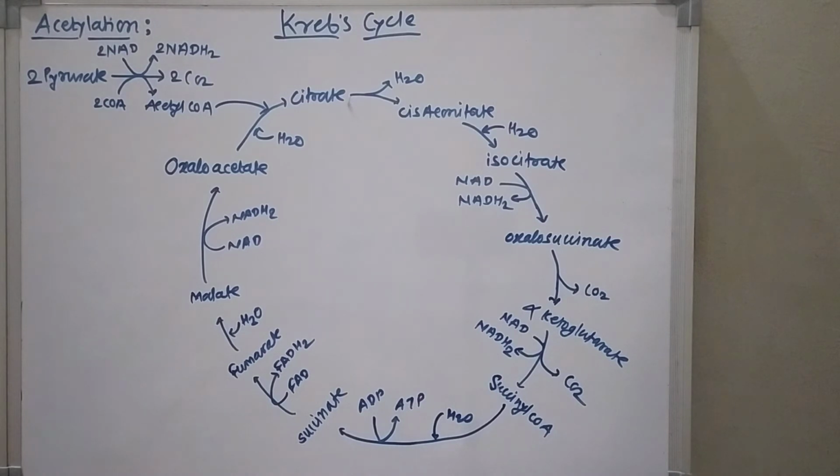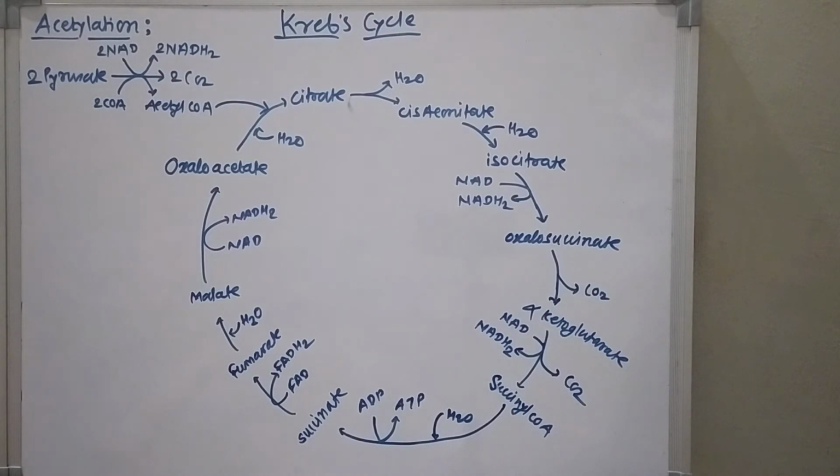Next, the last step, the Krebs cycle. In the Krebs cycle, the acetyl coenzyme A is completely oxidized and CO2 is released in a stepwise manner. The first stable compound in the Krebs cycle is citric acid, which is a 6-carbon compound.